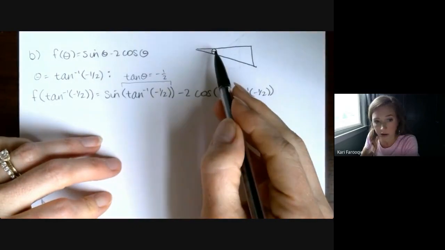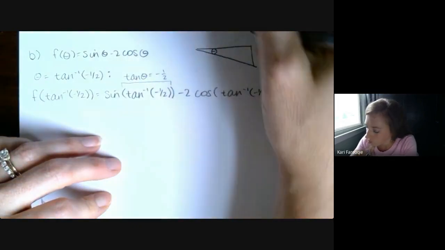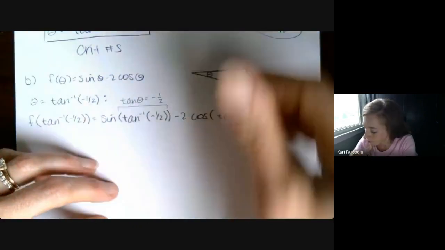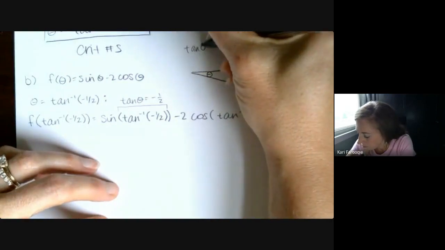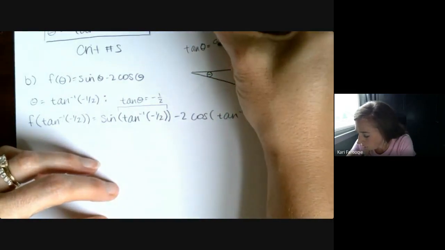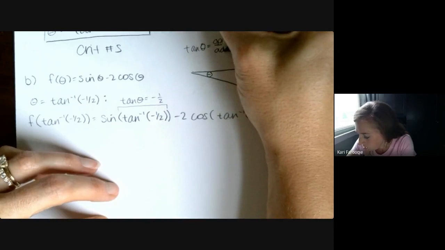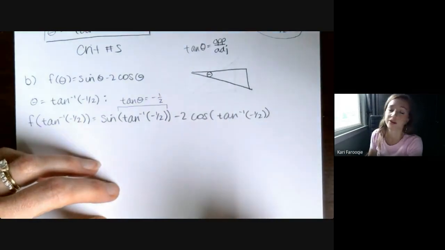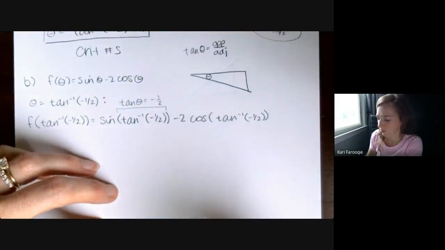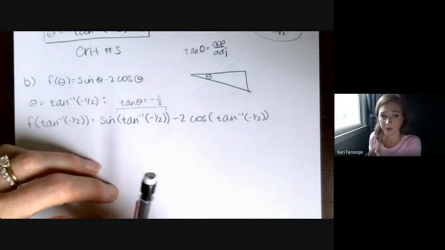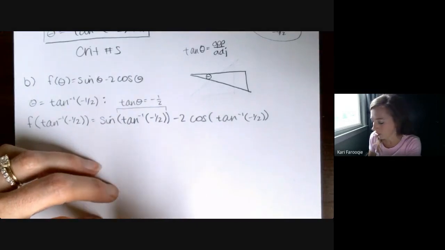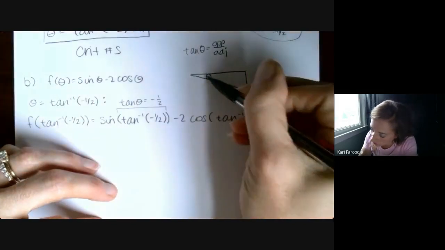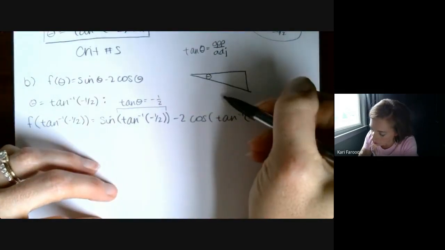Now, if this is your angle theta, remember that your tangent of theta is the opposite over the adjacent. I know it seems like such a basic trig thing, but you probably haven't thought about these functions in a while regarding triangles. So the tangent of theta would be the opposite over the adjacent.